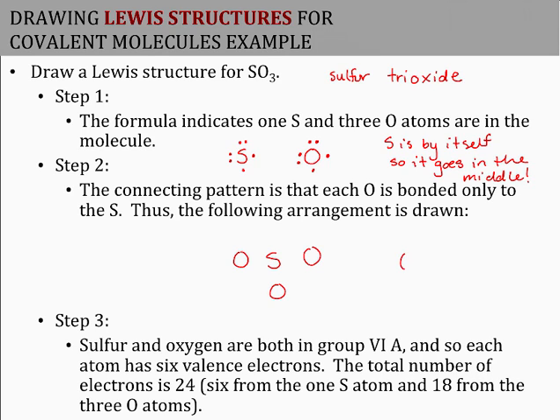So we're just going to multiply 6 by 4. Okay, so again, we have 4 atoms, each with 6 valence electrons. So that gives us 24 total valence electrons that we can use to make our molecule.